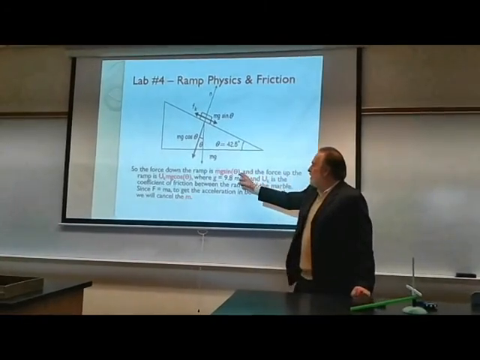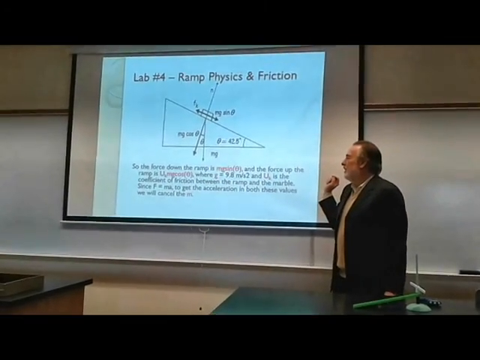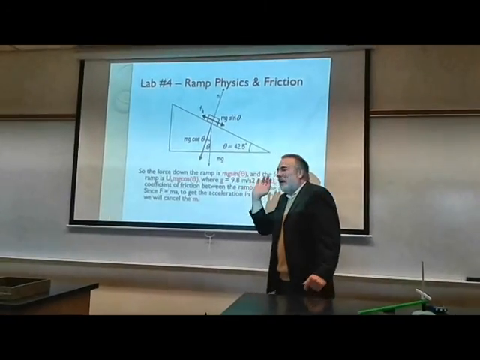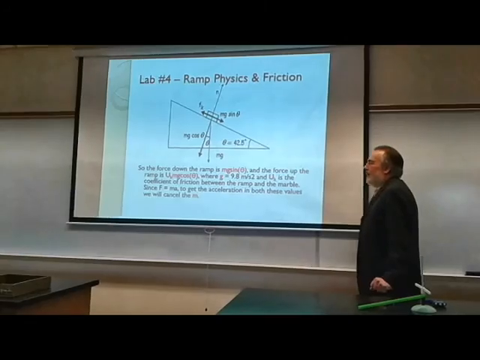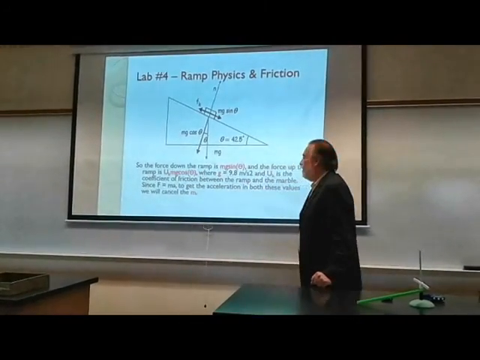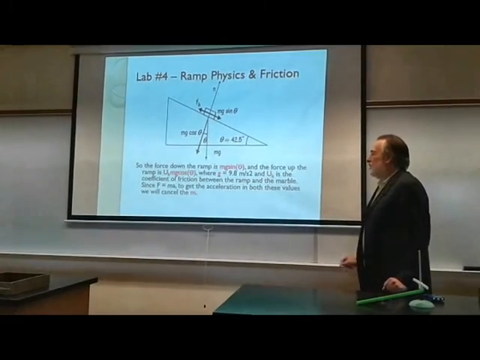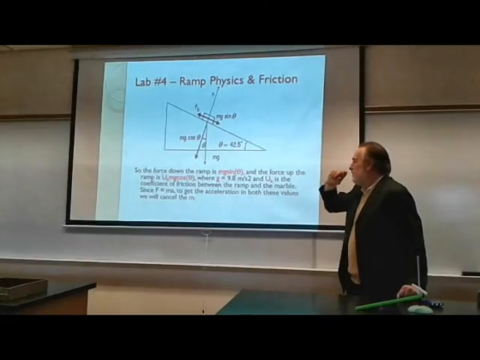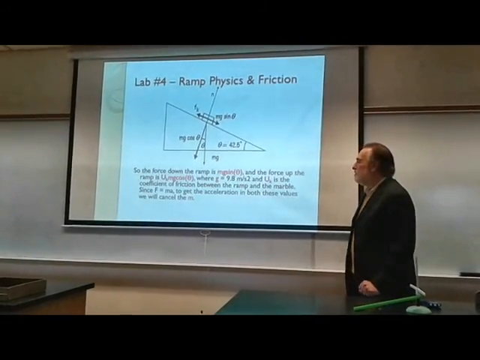So if we have the force going down the ramp as mg sine of the angle, and the force going up the ramp, or holding it back, is the coefficient of friction times mg cosine of the angle, where g is equal to 9.8 meters per second squared, and mu k is the coefficient of friction between the ramp and the marble.